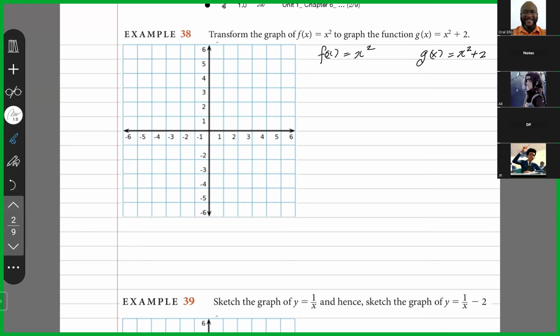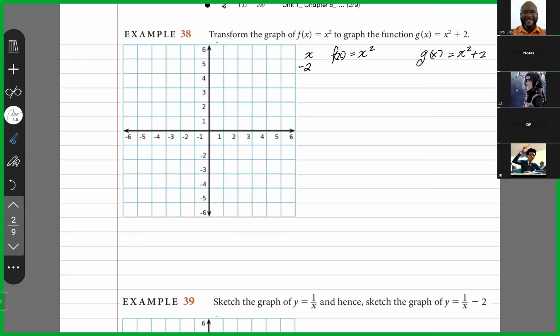Let's start with when x is equal to, let us say... all right, getting back to it. So we have x and we have f of x is equal to x squared. So let us say when x is equal to, I don't think we can use minus 9, let us say when x is equal to minus 2.